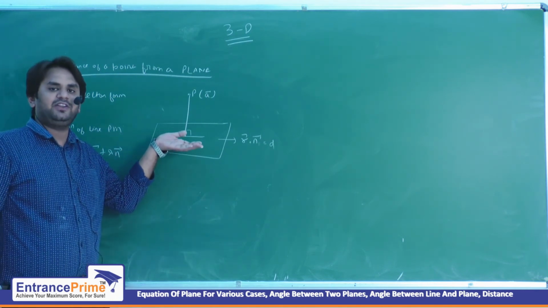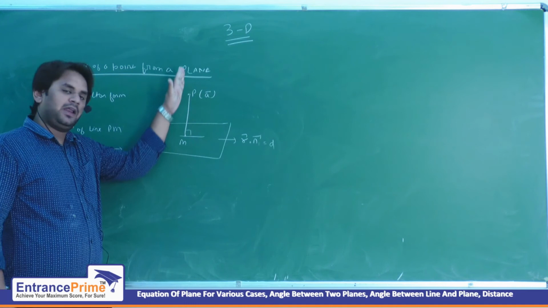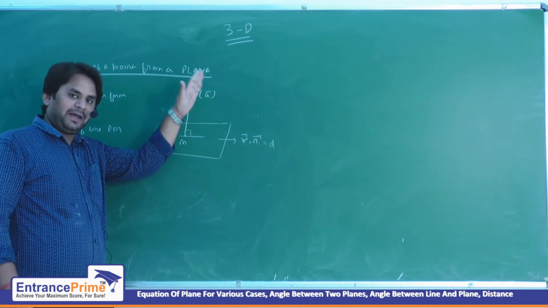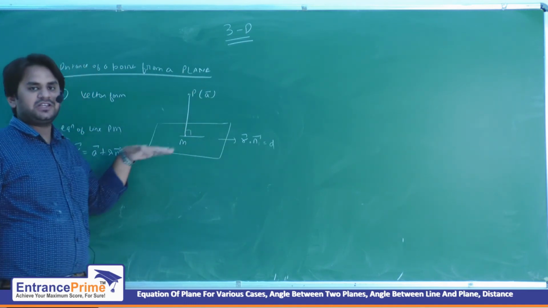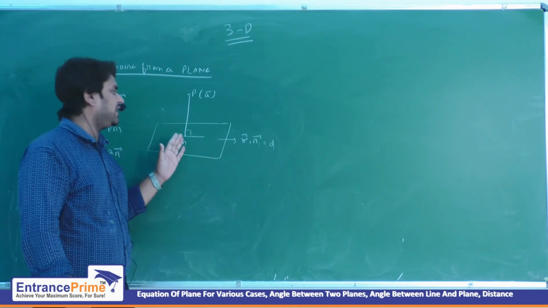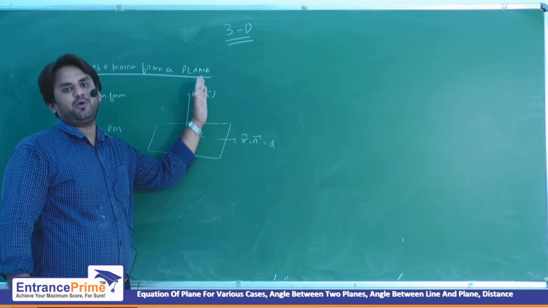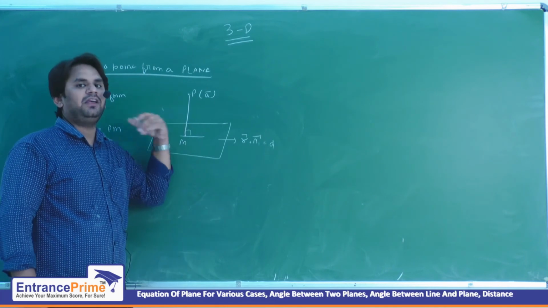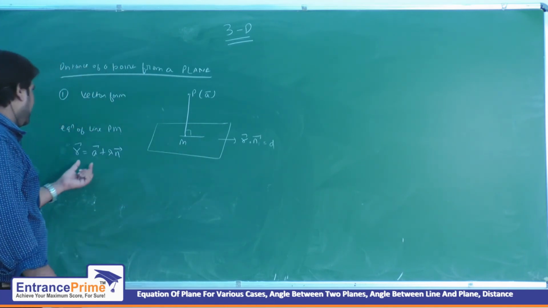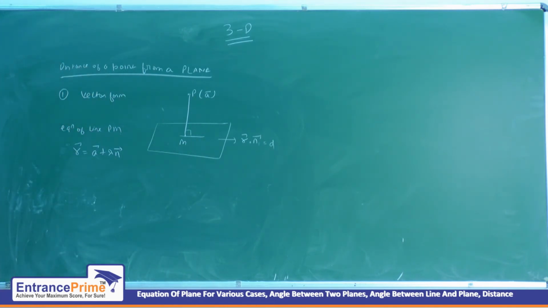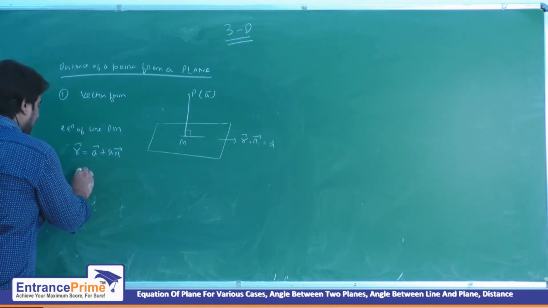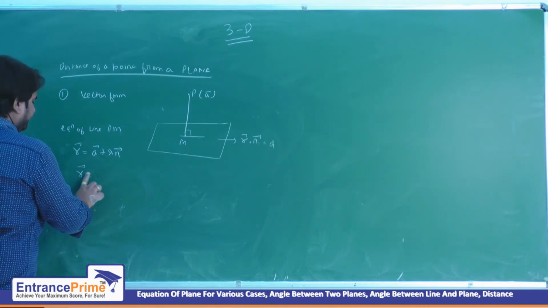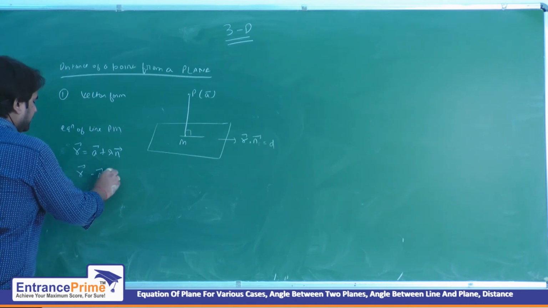Because the normal vector of this plane is along this line PM, so we can take it as the parallel vector. यहाँ पे हम b vector लेते हैं, इसकी जगह हमने n vector लिया, क्योंकि इस plane का जो normal vector है वो भी n vector है. So similarly, in place of b vector we can place a plus lambda times n vector. So the plane is r dot n vector is equal to d.